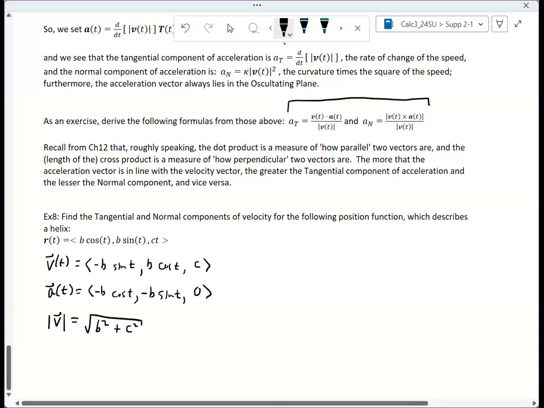So that's my speed, the square root of b squared plus c squared. For my tangential component, we'll first find v dot a.